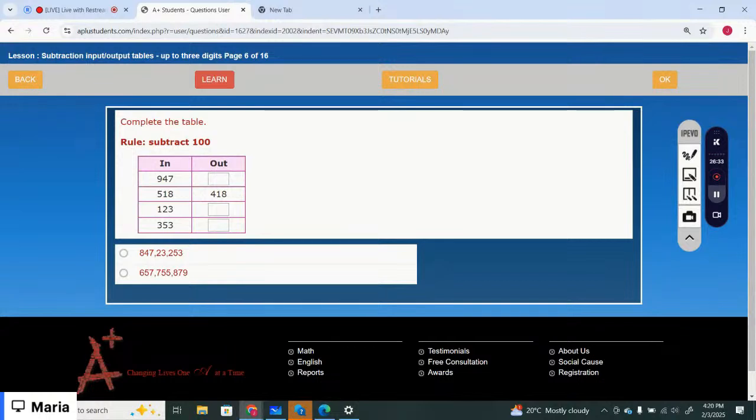Complete the table. Subtract 100. So which is the correct option?